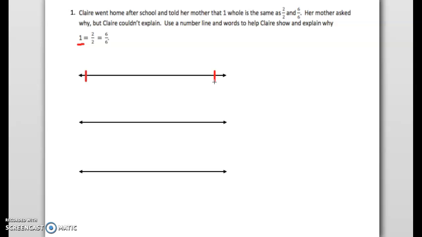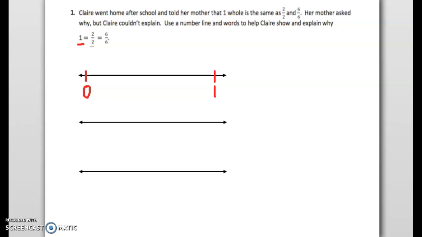Our endpoints are going to be 0 and 1. And that's all we have to do since we have no fractions to put in between each endpoint. Now, we want to prove that 1 whole is the same as, or equivalent to, 2 halves and 6/6.